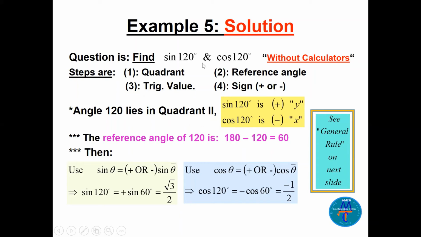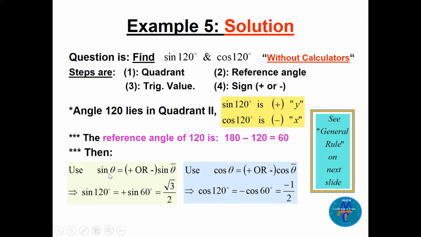Now, second step, find the reference of 120. 120 is in quadrant 2, so it will be 180 minus 120, which is 60. Now, sine theta, either we take plus or minus, according to the quadrant, sine theta dash. So we use sine 60 for the first one. We use cosine 60 for the second one, but we have to take care of the sign.